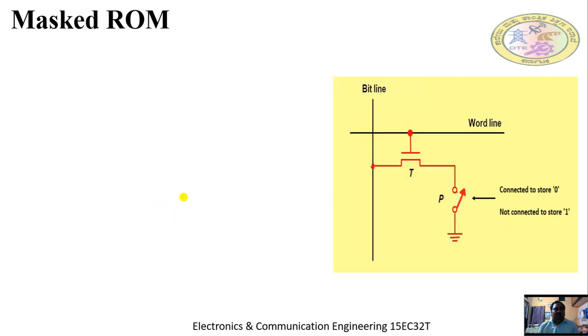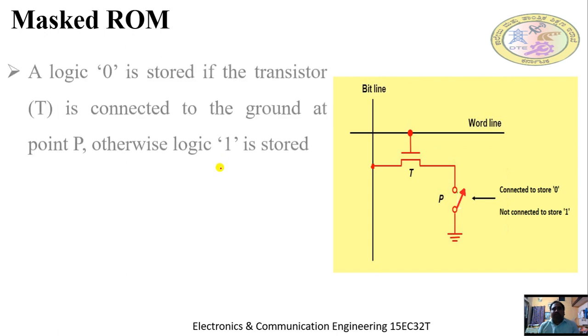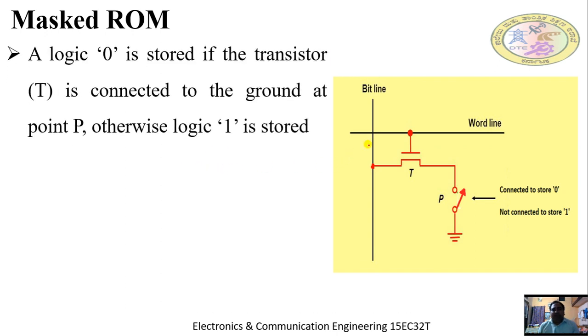First we shall see the working principle of masked ROM. As you can see from the figure, there is a switch provided at the point P, and this is a transistor T, where the gate is connected to the word line and the drain is connected to the bit line.